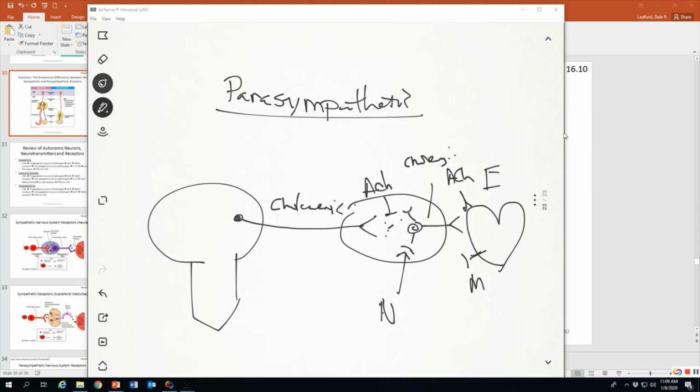Now we also talk about visceral reflexes. We will get into some later on: pupillary reflexes, gag reflexes, the defecation reflex, the urinary reflex.